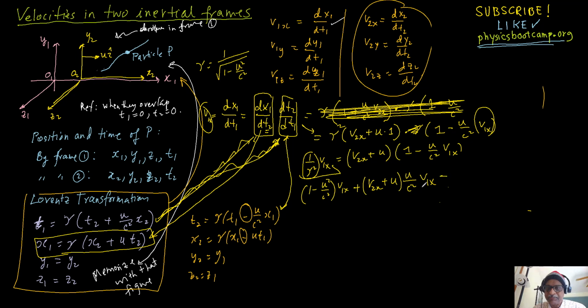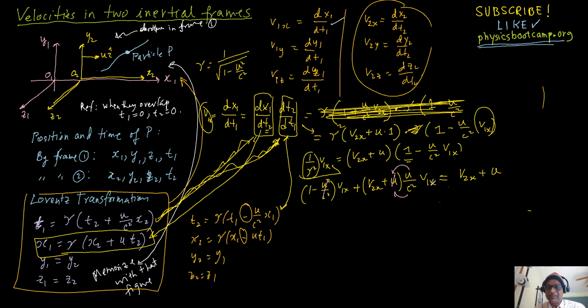And then on the other side it's just factor times 1, v2x plus u. So you can see that this with that, this factor in there cancels that.